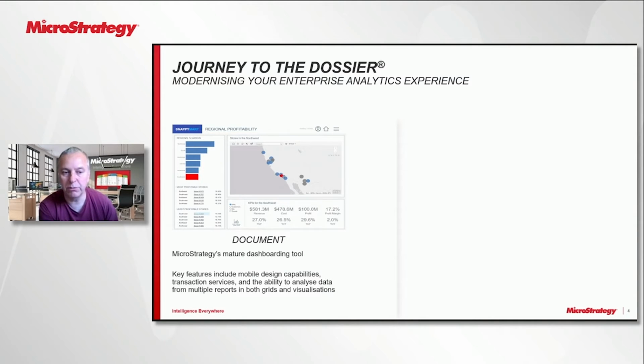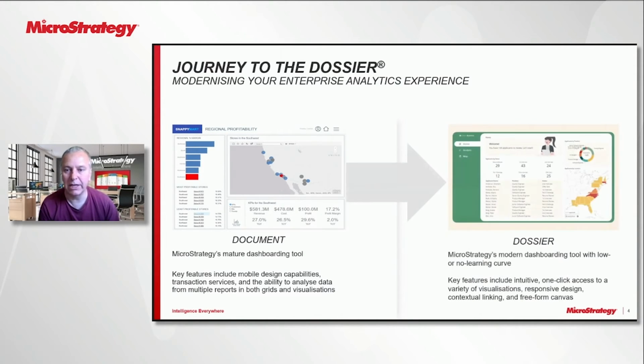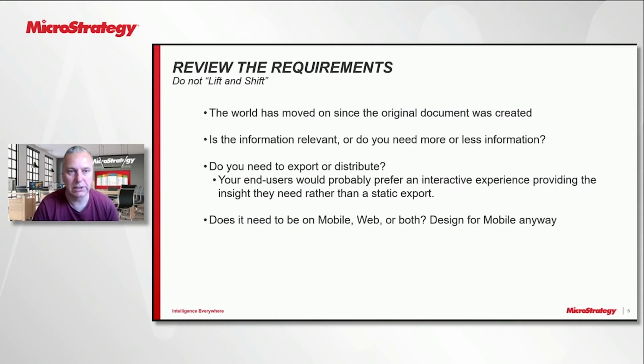So the document is still suitable for some things, but generally to get better interactivity and more availability to interact with the data and choose to focus on particular areas and get new information, then the Dossier takes over for those use cases.